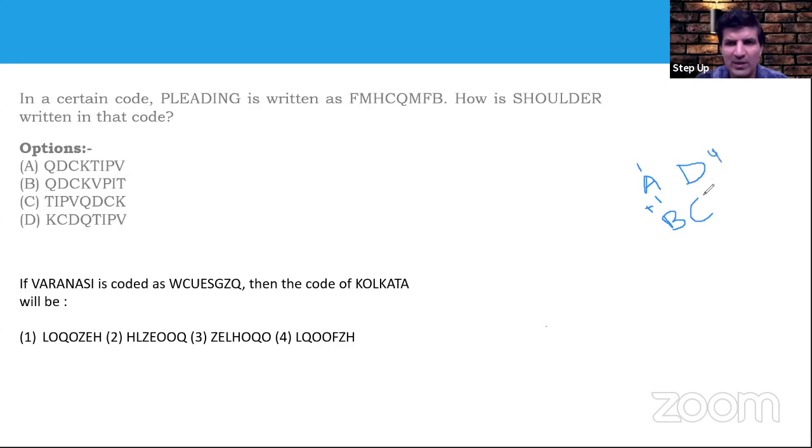D is becoming C, meaning this is happening -1, right? So things like that, simple logic from +1 in everything or +2 in everything, or -1 in everything, -2 in everything, sometimes +1 -1, so there could be an alternate series. That's another option. Sometimes they are doing +1 or -1 but keeping it in a reverse order, and these are multiple options that they do. Okay, so guys, were you able to figure out the logic for this one, pleading?